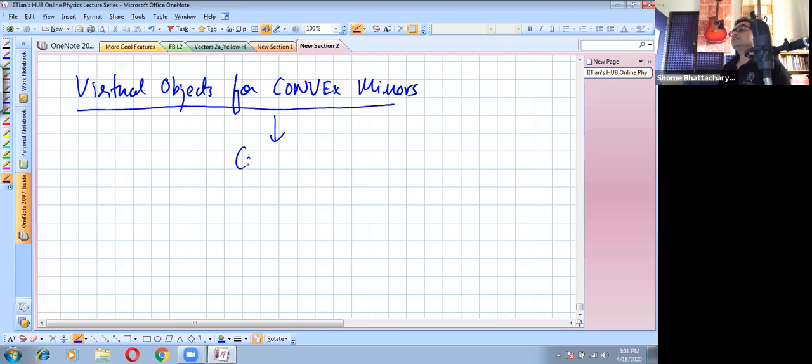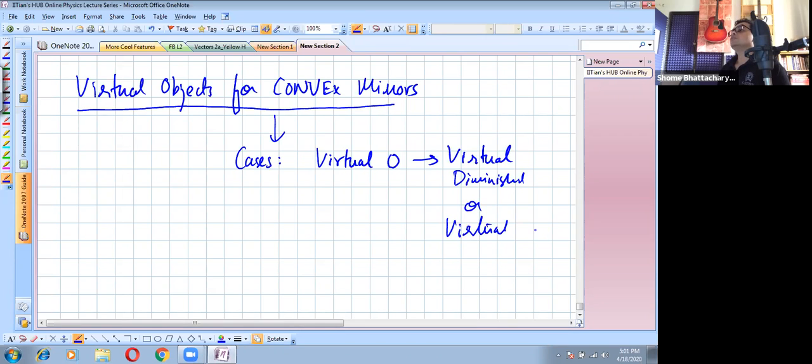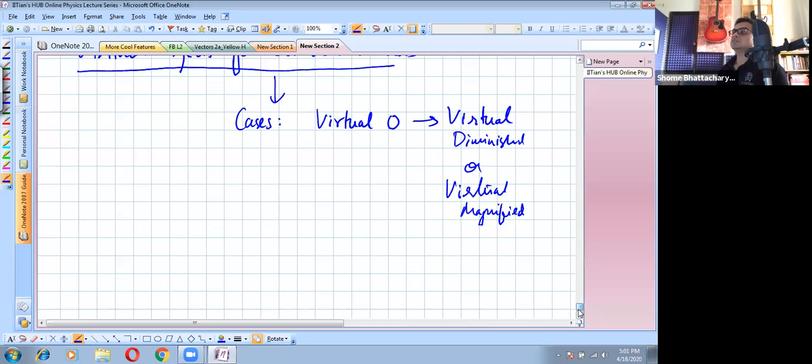You will see that you will get cases where you get virtual object giving you virtual image, okay, virtual diminished or virtual magnified, okay, both the cases. So you just think of it like a reversibility, okay, and you will understand what's happening.